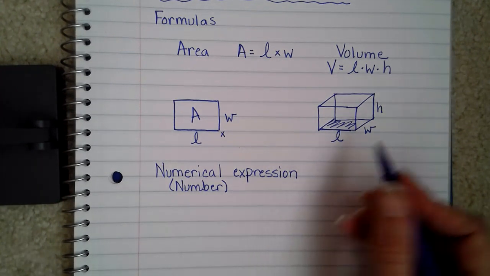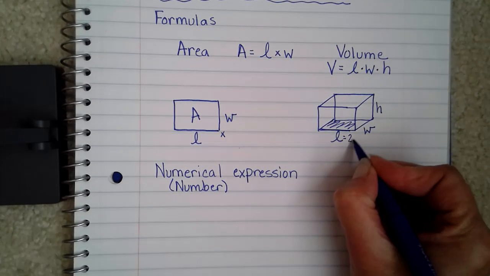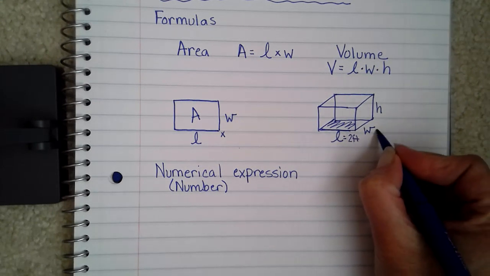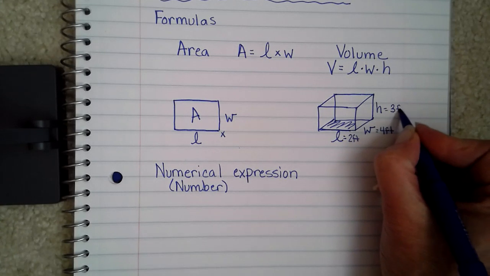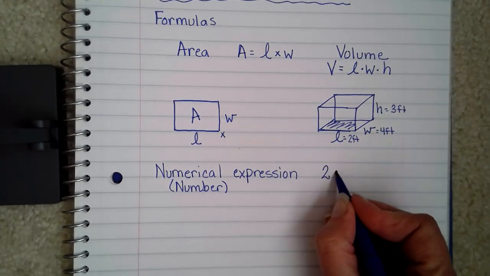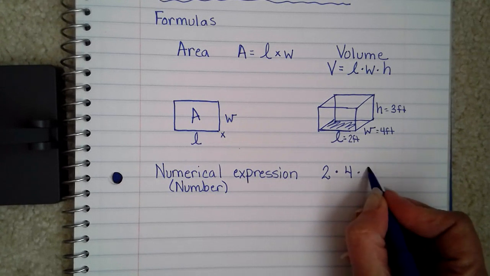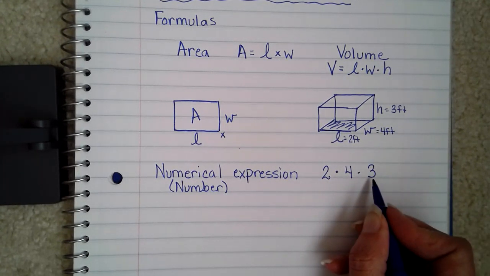All right, so if we've said that the length was 2 feet, the width was 4 feet, and the height was 3 feet, then our numerical expression would be 2 times 4 times 3. Length times width times height.